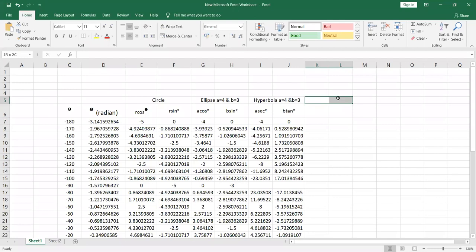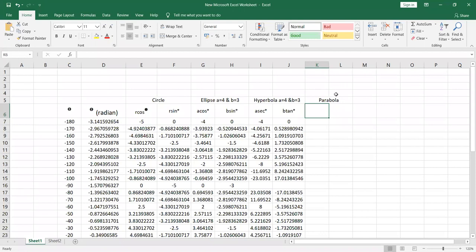Can anybody tell me the formula for parabola? What is the mathematical formula for parabola? So we have already discussed the mathematical formula for parabola is y square is equal to 4ax.